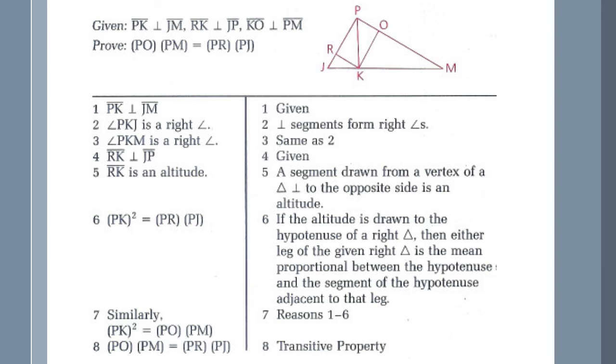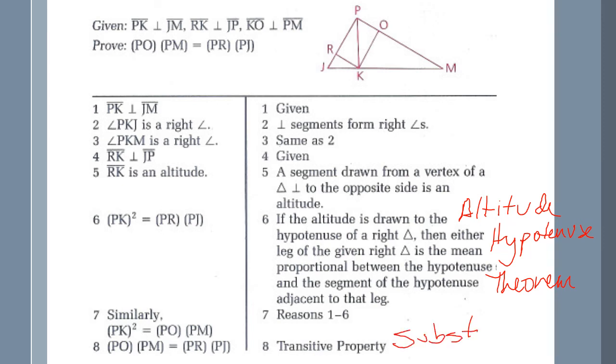So we're going to call this the altitude hypotenuse theorem. I don't want to read all this. Okay, and then this here I would say would more be substitution, and transitive. Anyway.